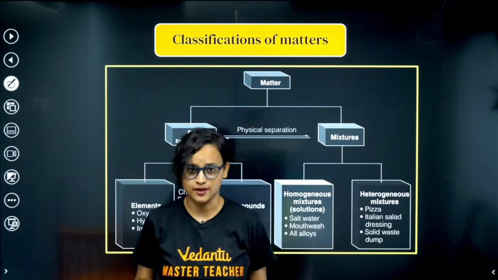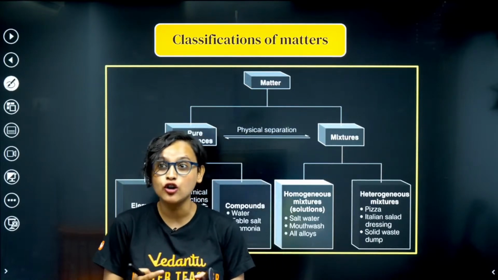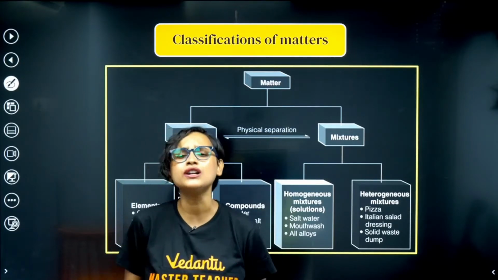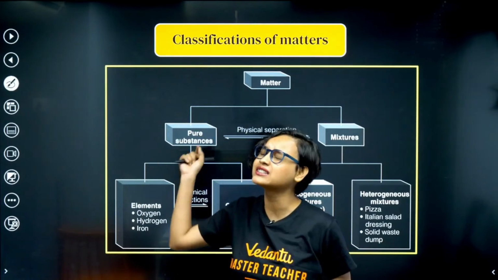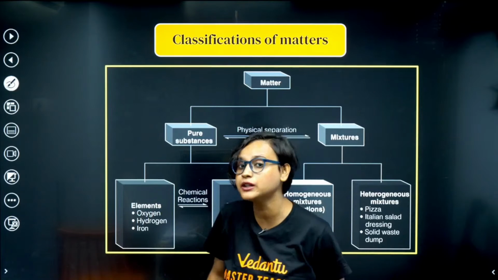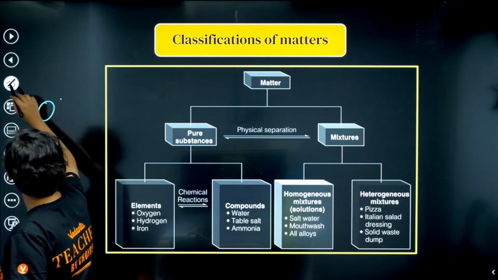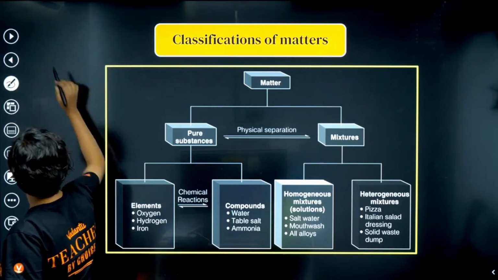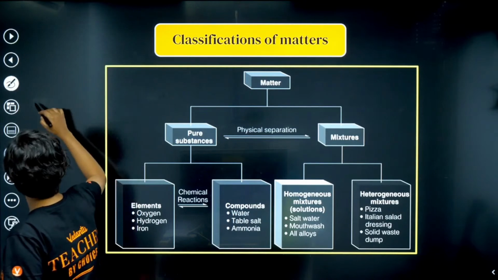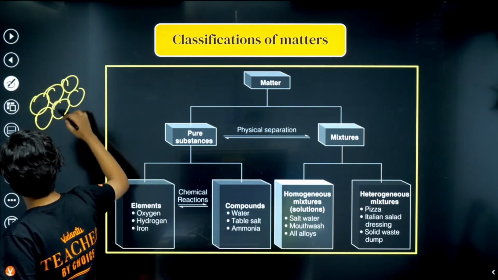Now, what is pure substance? Whenever we say pure, we also say pure gold, pure oil, pure this, pure that. What is this pure? When we say that something is pure, that means there is nothing else present in it, only that particular substance. For example, when I say pure gold, I mean it's something like this. Let's just say that these are my gold atoms: gold atoms, gold atoms, gold atoms, gold atoms.